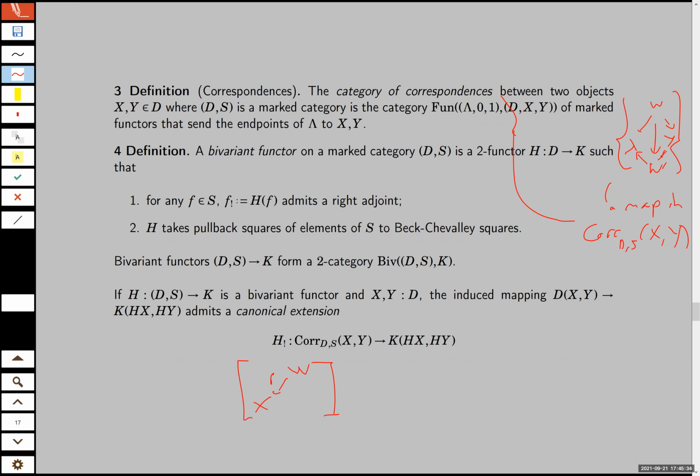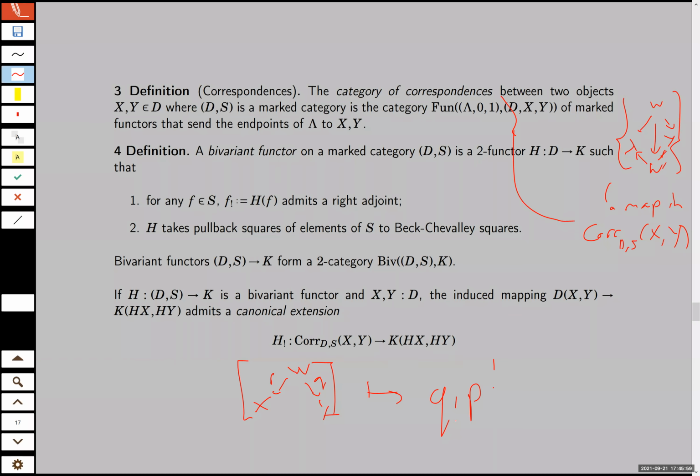It sends this to P. So here is what you might call Q lower star P upper star, but this is in K now.